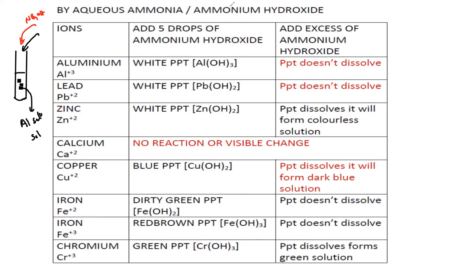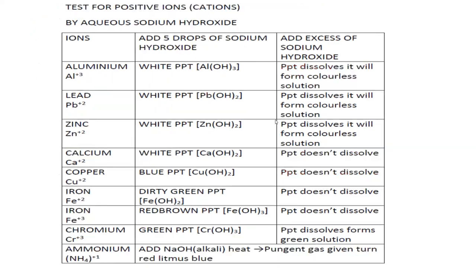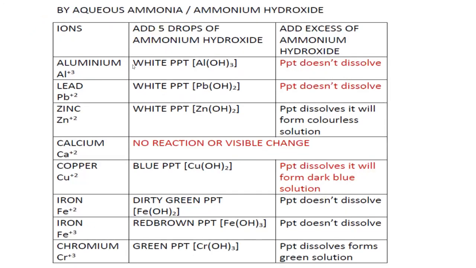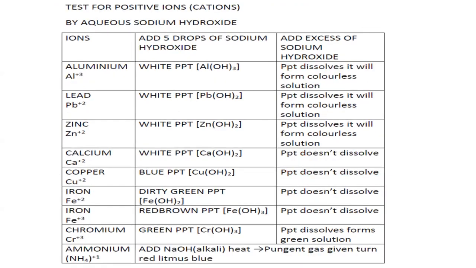The reason I use a different color here, you can see I marked it with red, is to show the indication between the two tables, what the difference is. When it was sodium hydroxide, it gave a white precipitate and the precipitate dissolved. But with aqueous ammonia, it was a white precipitate and the precipitate does not dissolve.